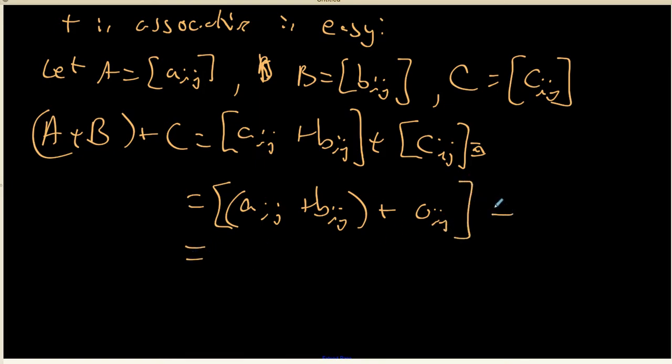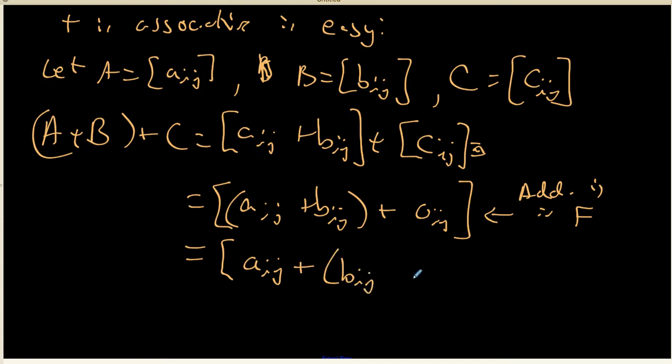But these entries are all in F, so this addition is in the field F, and so it is known to be associative, so we can put those parentheses in this particular position instead.